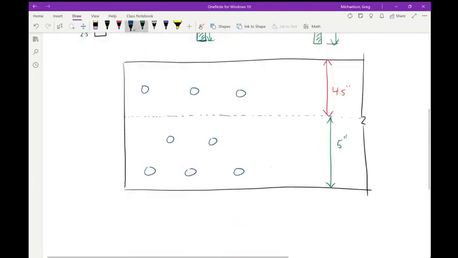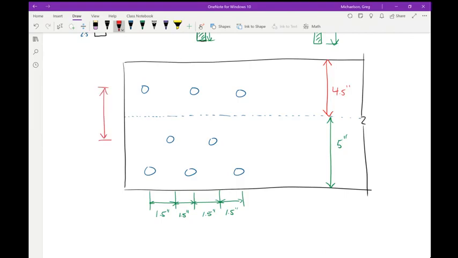So with all of these, we know they are 1.5 inches. I know my drawing isn't perfect, but that's close enough. Really, if we want to look at this from a net area perspective, we need this dimension and that dimension.